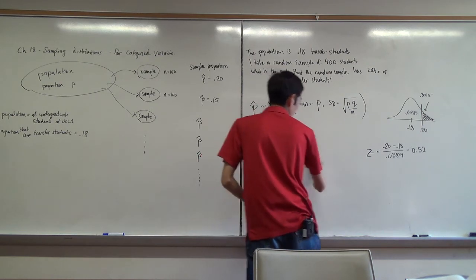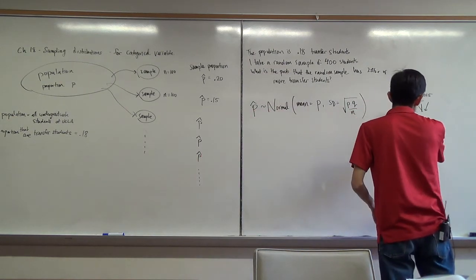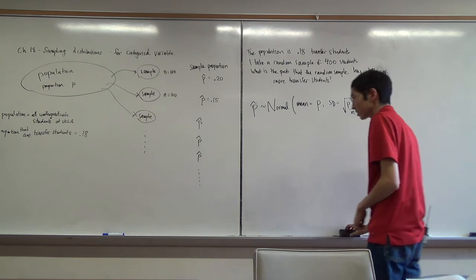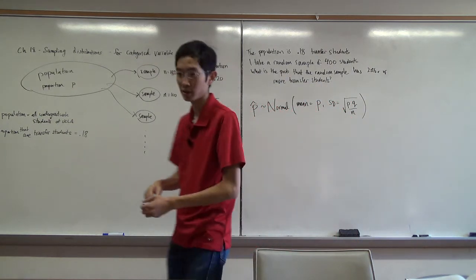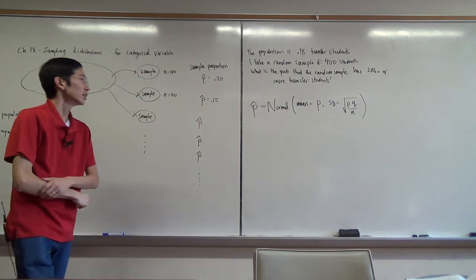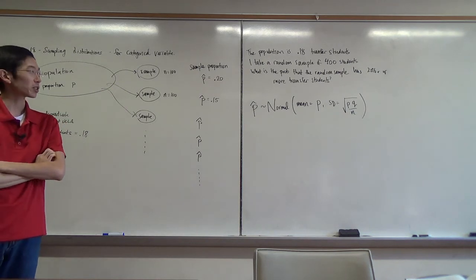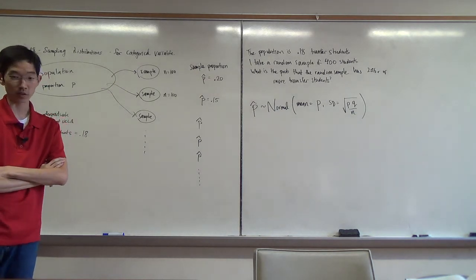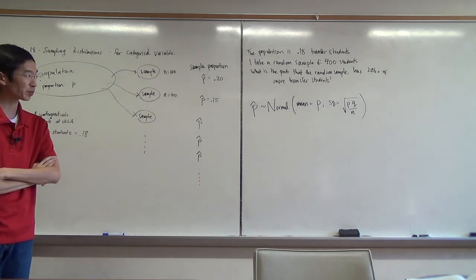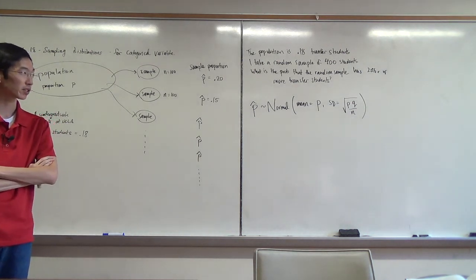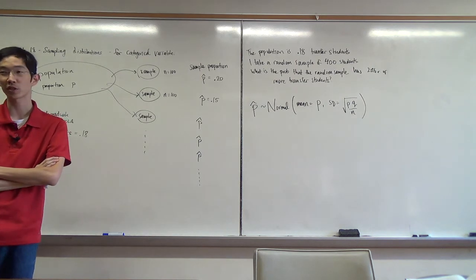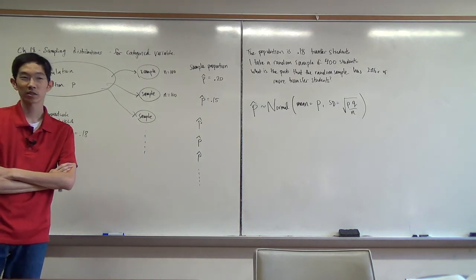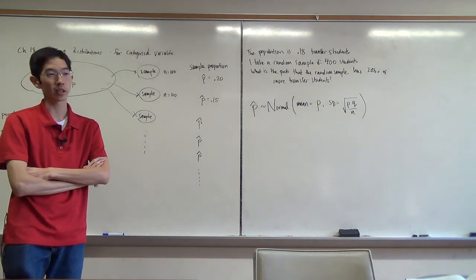Take a minute or two, see if you can answer this question now. The population is still 18% transfer students, and we're going to take a random sample of 400 students. What's the probability that the random sample has 20% or more transfer students? The only difference here is that I'm taking a larger sample.